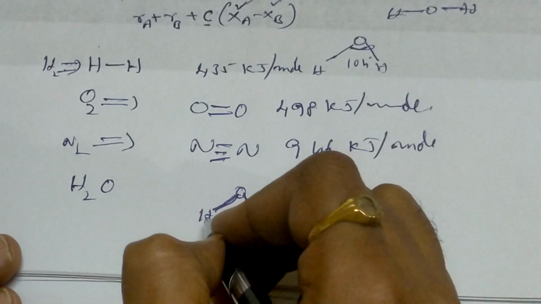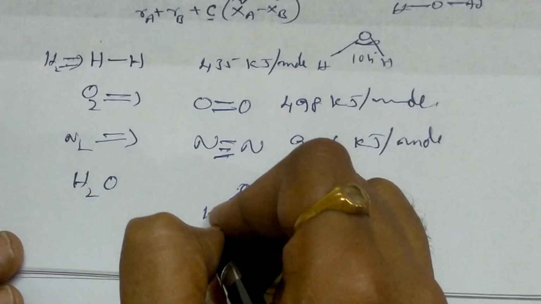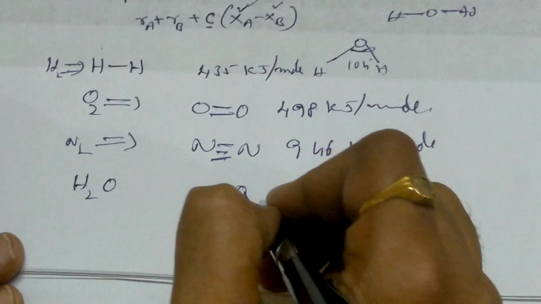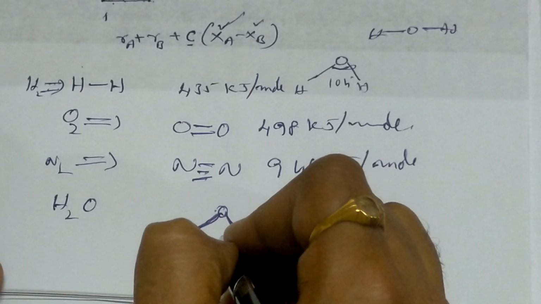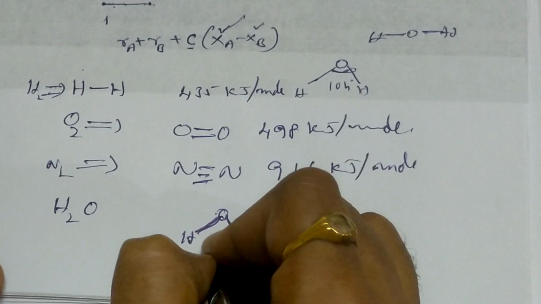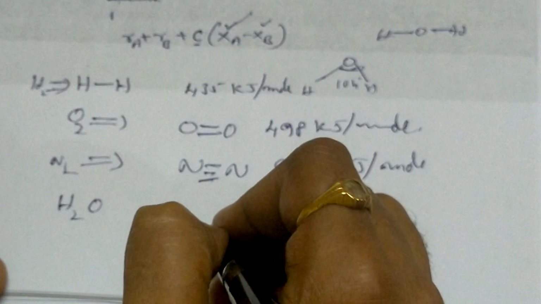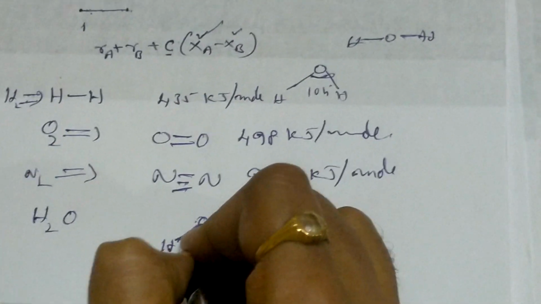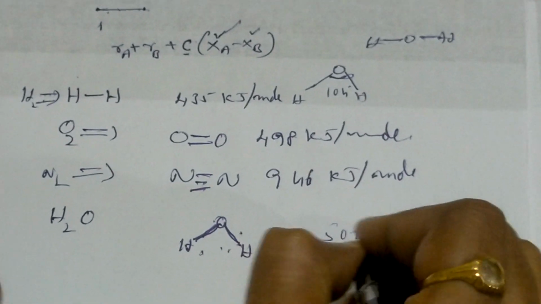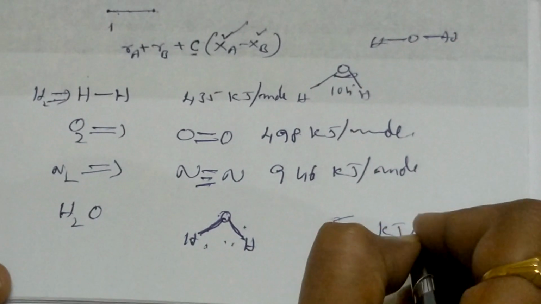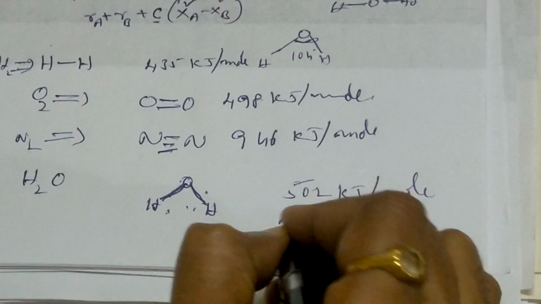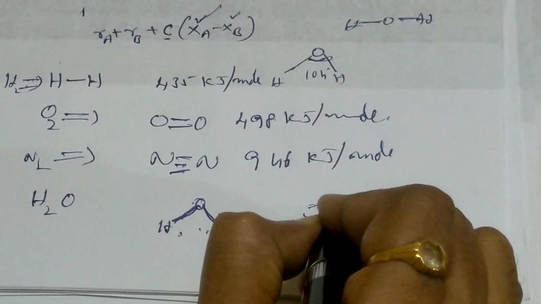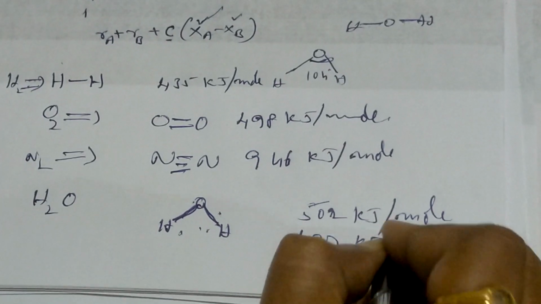Though both are OH bonds only, once the first one is removed, the second one will be easier. So if any question is asked, remember all the time, it is not an average or a single value. For the first bond it is 502 kilojoules per mole you have to give, whereas for the second it is almost 80 kilojoules less.